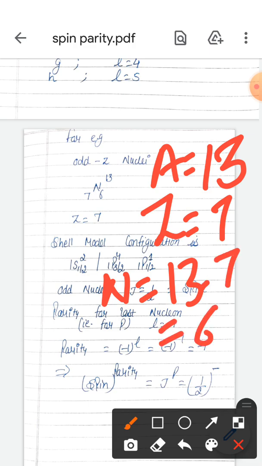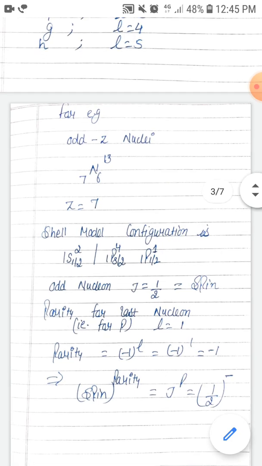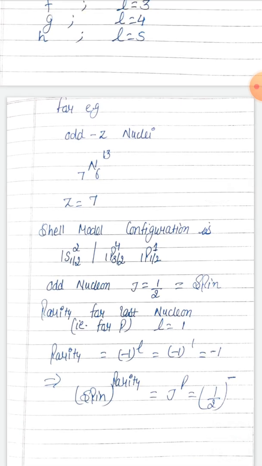Now what will be the spin and parity? For this nucleus Z equals 7, that is the number of protons is 7. Then you have to write the shell model configuration for the odd nucleon, no matter whether it is an odd number of protons or an odd number of neutrons. You have to write the shell model configuration just for the odd nucleons.